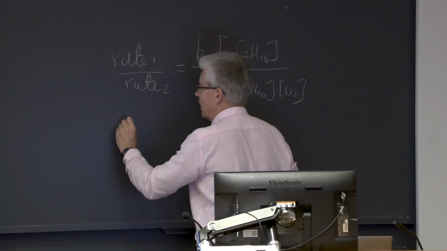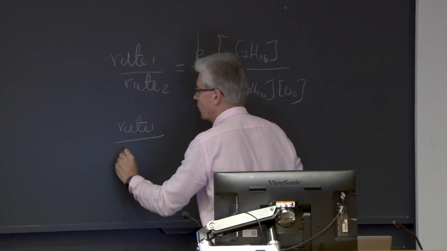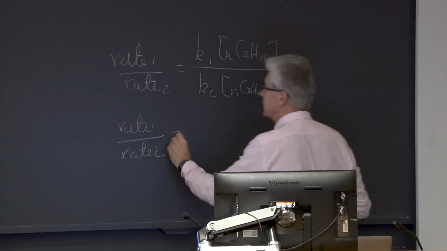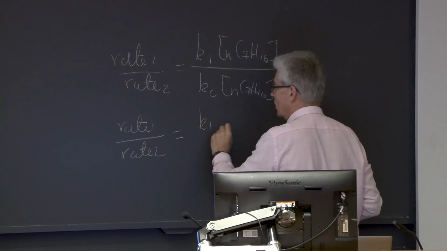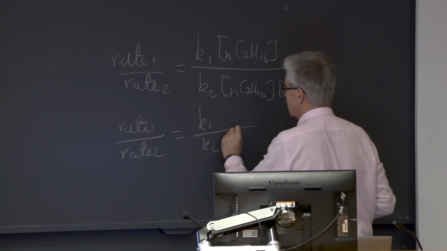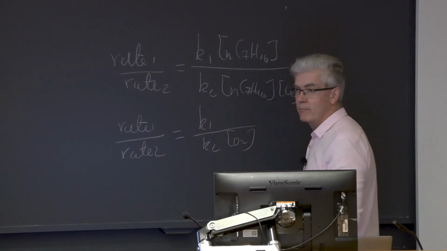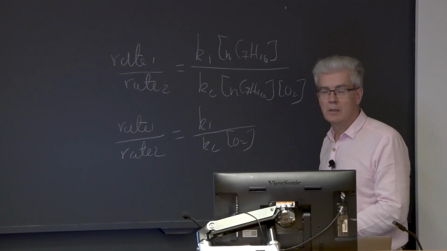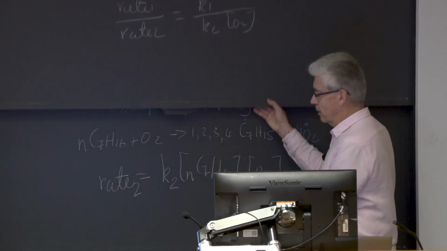So the relative rate of 1 over the rate of 2 is equal to K1 over K2 times the concentration of O2. Okay, if that's okay with everybody.